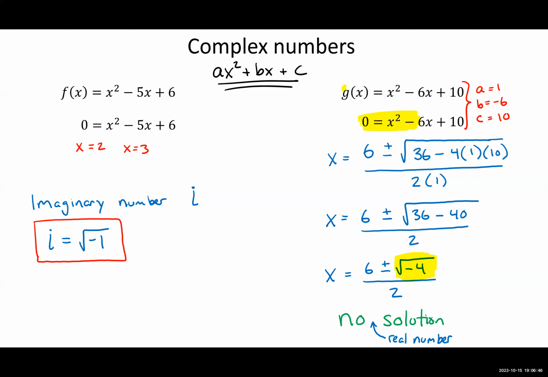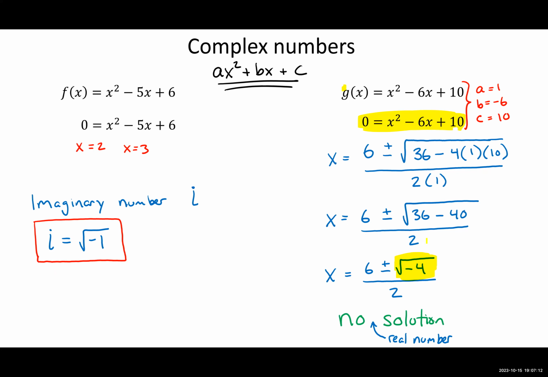Right, so we're solving this guy right here: 0 equals x squared minus 6x plus 10. This has no real number solution. But if we consider these imaginary numbers, and it's all based off of the square root of -1, then this allows us to solve this equation.